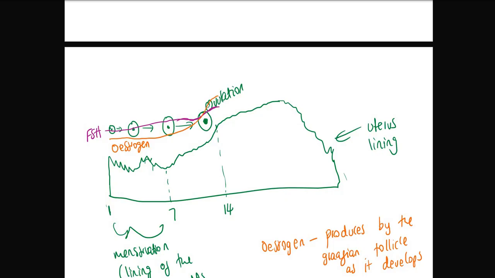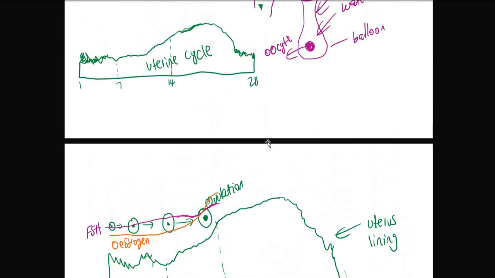Meaning as the egg inside is growing, it's going to be producing estrogen. Okay? It's going to be producing estrogen.